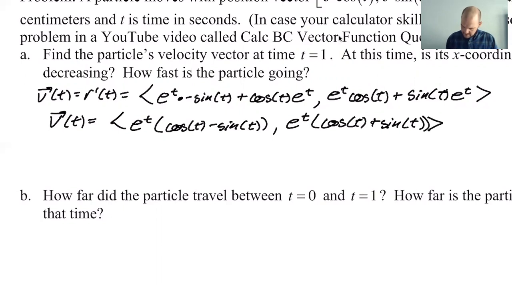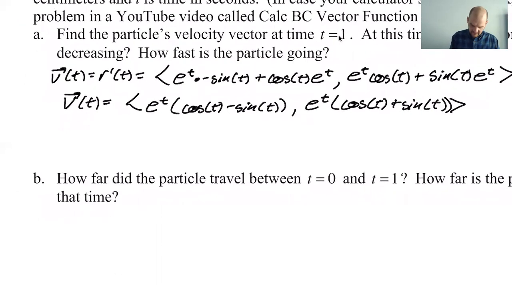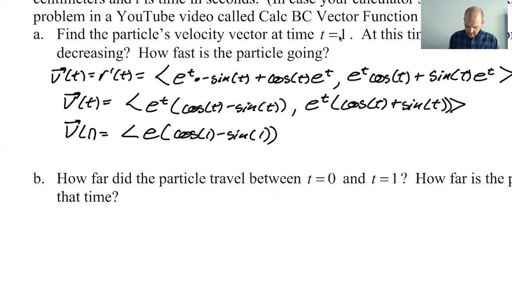Okay, so v of 1 is e times cosine of 1 minus sine of 1, comma e times cosine of 1 plus sine of 1.